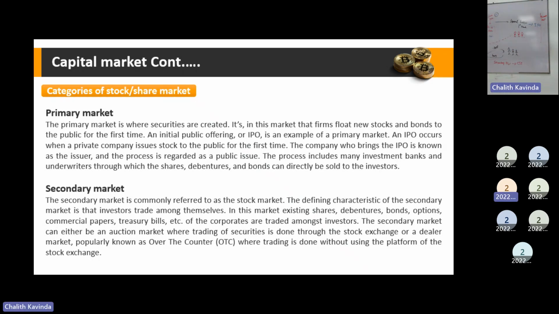Because of liquidity? Could you please explain? Because of liquidity, there are so many transactions in the equity market, but in the debt market we don't have that many instruments to trade. Yes, that is one of the reasons, very good.